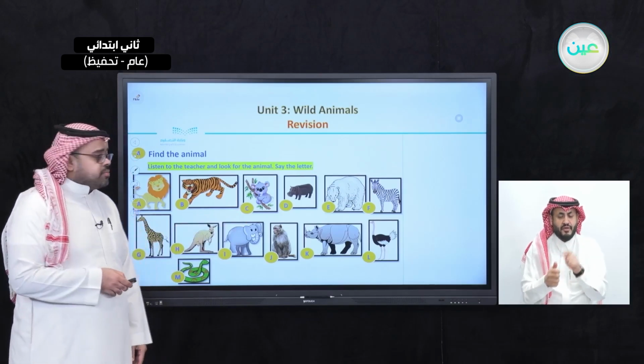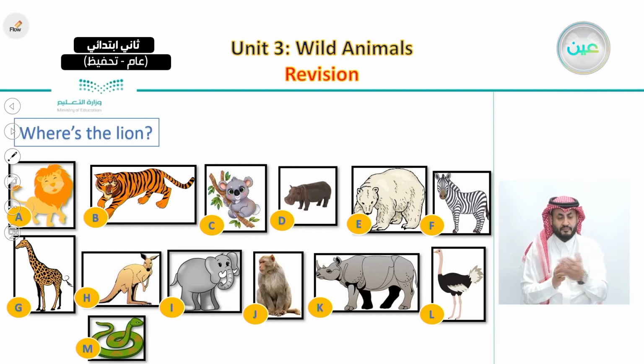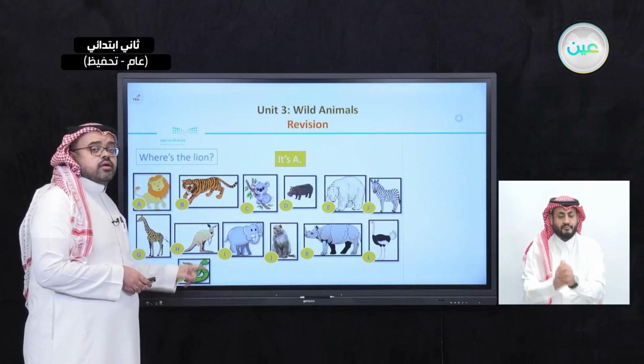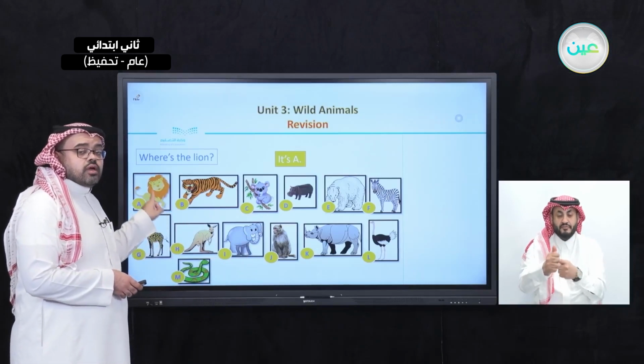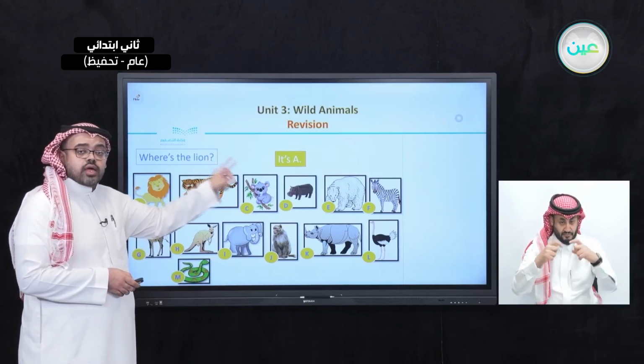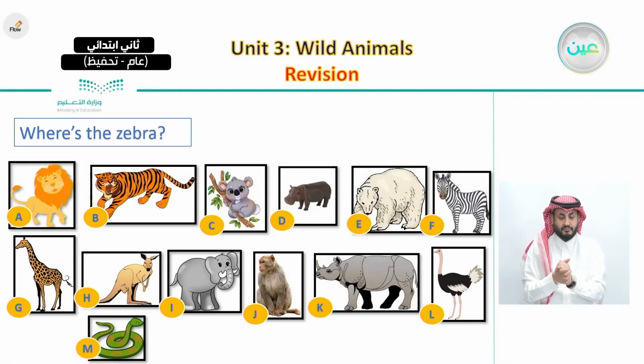So just a quick reminder, when I ask, "Where is the lion?" you look for the lion. And once you found it, you would say, "It's picture A," or "It's A." Also, we asked about the zebra. Where is the zebra? It's picture F.